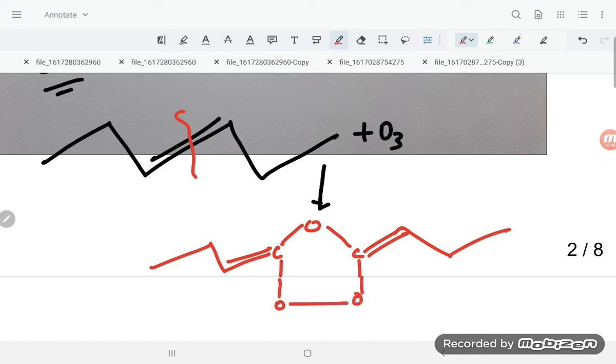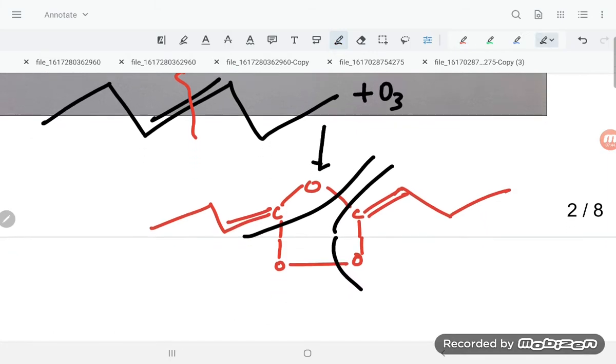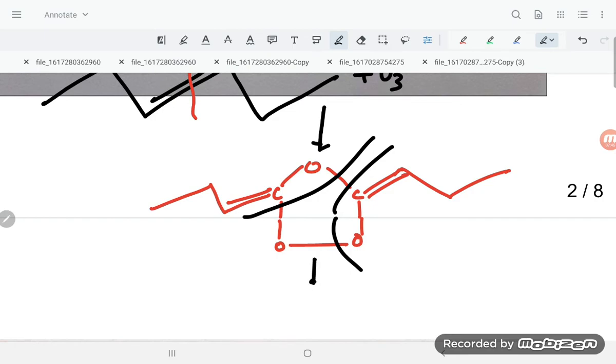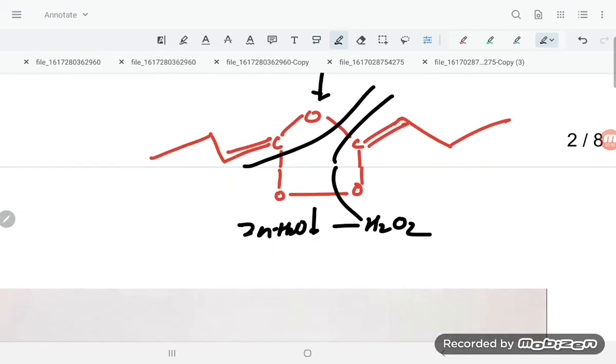So what is happening, student, if you are treating with the zinc and water, it is going to split in this way. So Zn is there and water is there, it will come out in the form of H2O2 and give out the product.